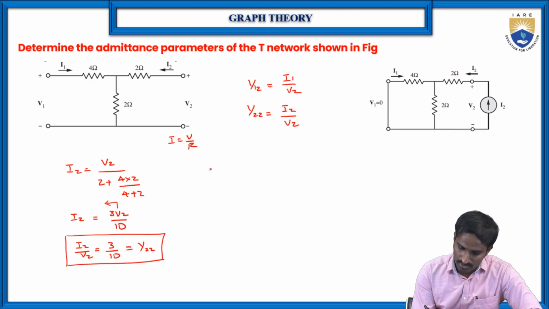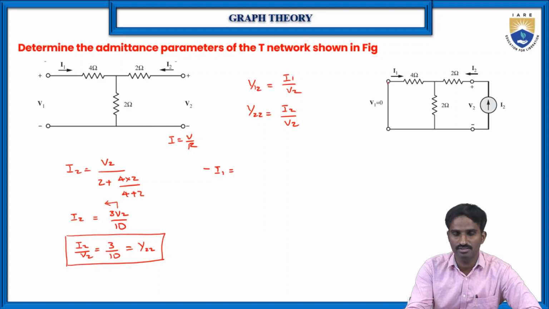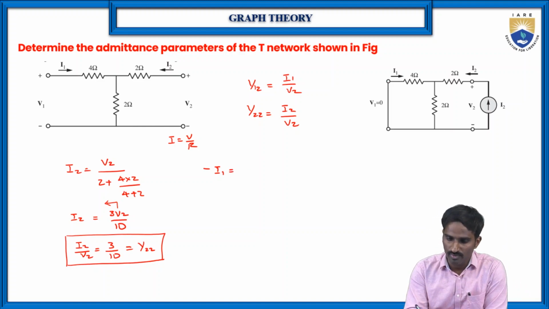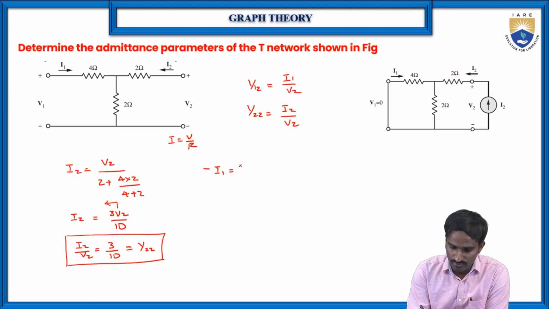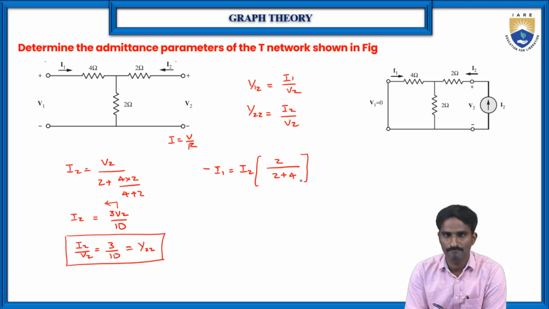First, which value do we need to find? I1, right? Let us consider this is minus I1, because of the opposite direction, like in the previous case. So minus I1 is equal to the total current, which is I2, into the opposite resistor, 2 by 2 plus 4, right?